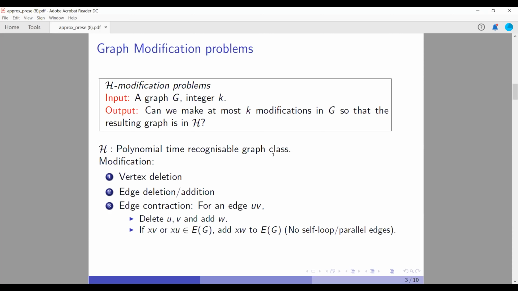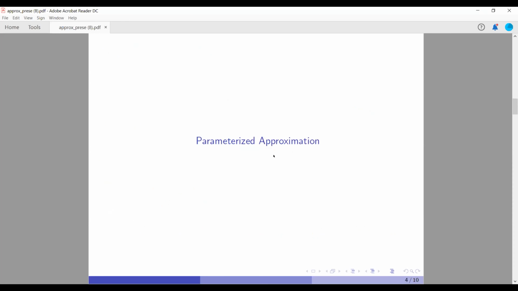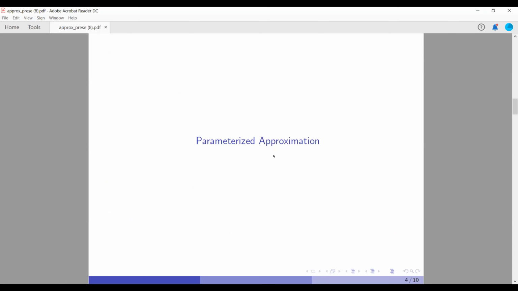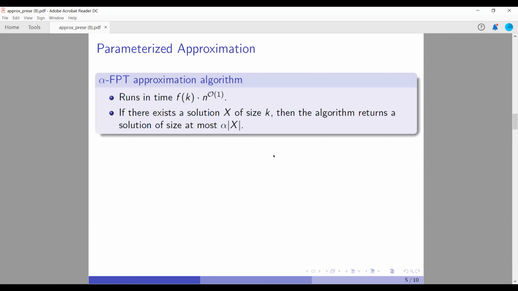We studied the contraction problems under parameterized approximation. As the name suggests, we also have a parameter along with the input. For example, here the parameter is the integer k, and we are looking at the optimization version. The first important concept is the alpha FPT approximation algorithm.